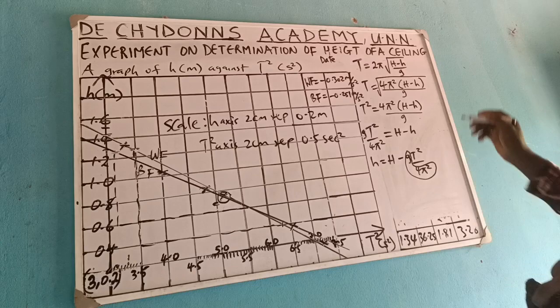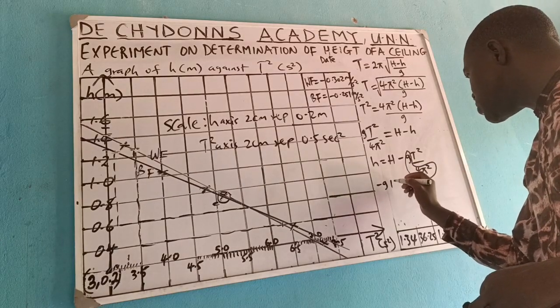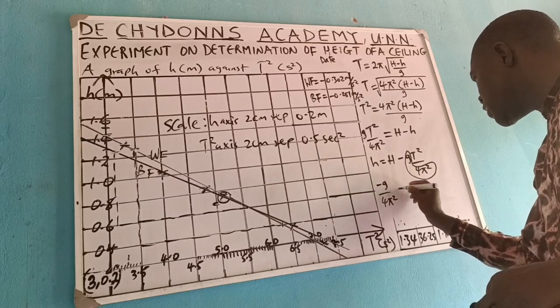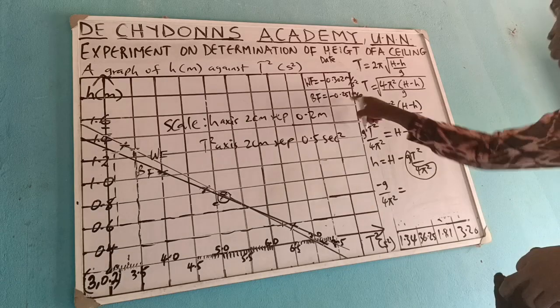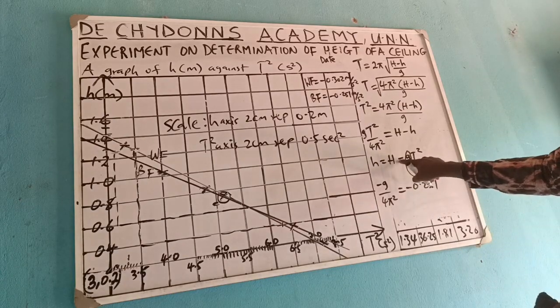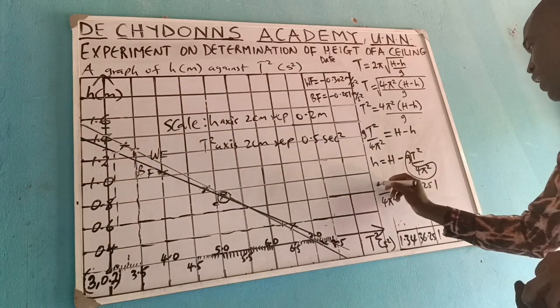Are you getting it? That means minus g over 4 pi square is equal to our slope, which is minus 0.251. It is because here is negative that we are getting a negative slope. So negative will cancel negative.